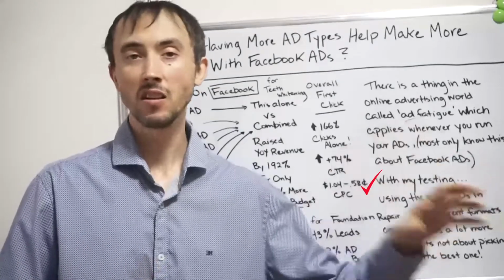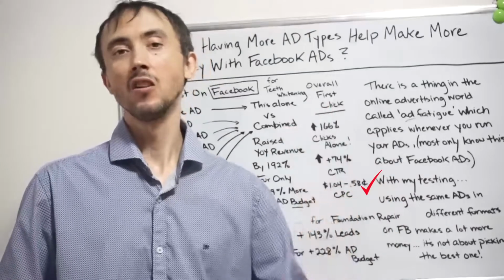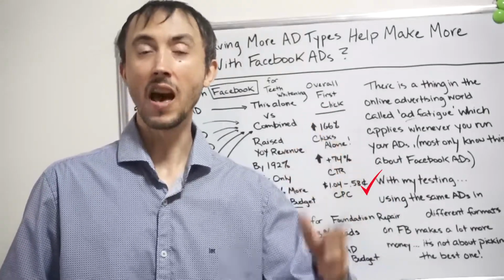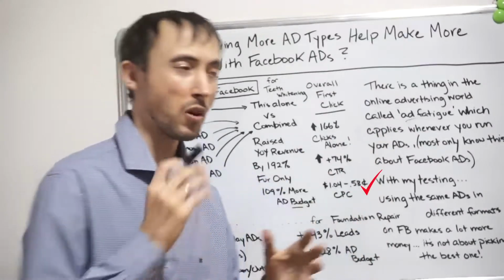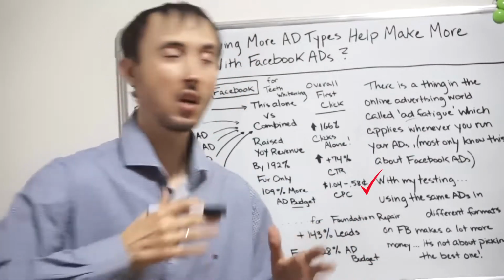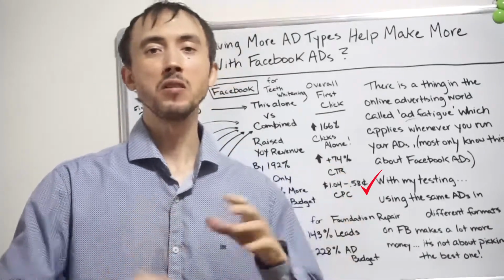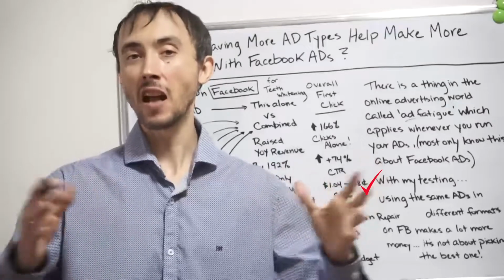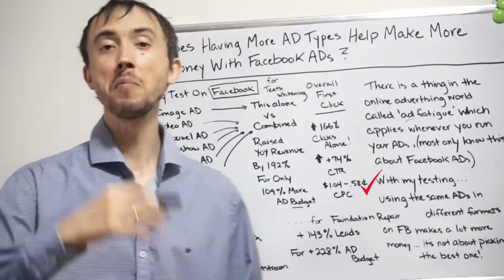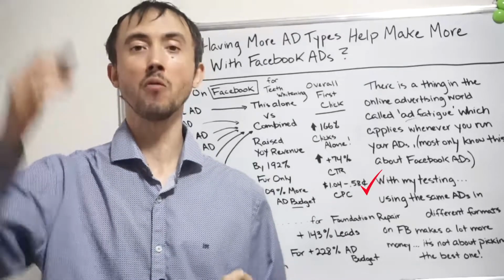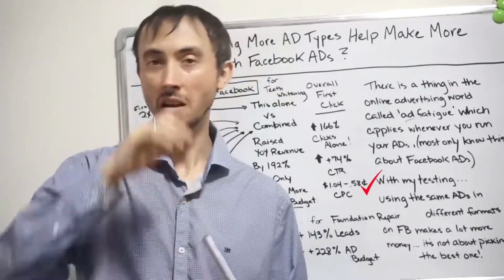Once you find, the first thing is you've got to find an audience that works. But once you've done that, you've got to find an ad that works, and those two kind of go together. But once you've found the ad creative that works, what you should absolutely always do is right away go for having that ad creative built into the other ad types that Facebook has, because you'll make more money, you'll have a better ROI, and you'll get more overall sales, i.e. where the ability to leverage what you've built comes in as well.